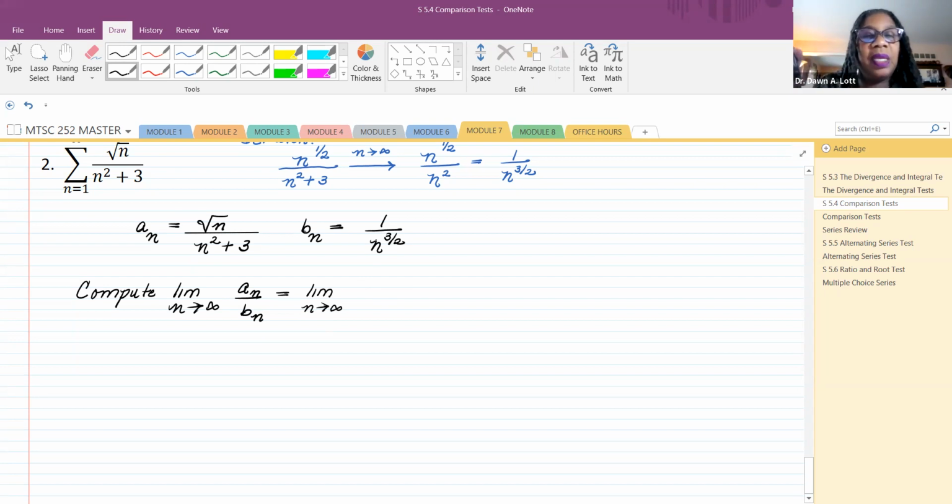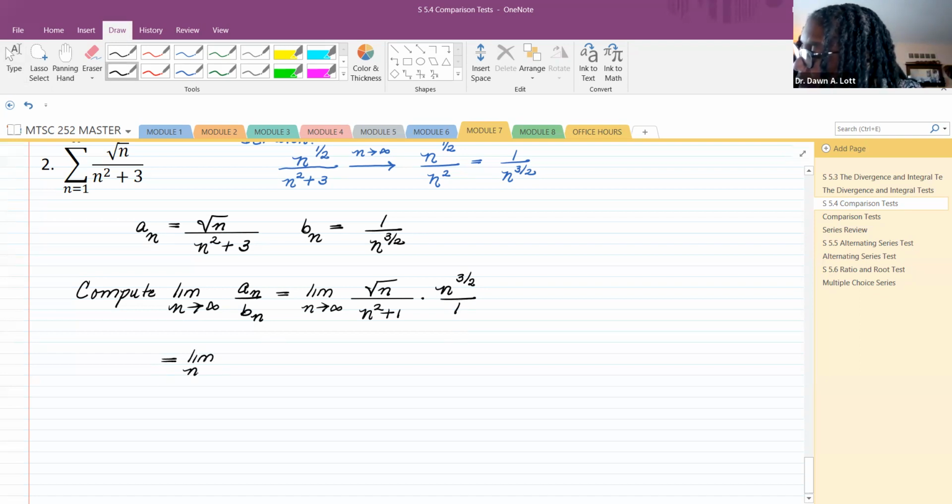Since bn is a fraction, I multiply by the reciprocal. So I'm going to get the square root of n divided by n squared plus 3, and dividing by 1 over n to the 3/2 is the same as multiplying by n to the 3/2 over 1. So yes, Peyton, this is right.